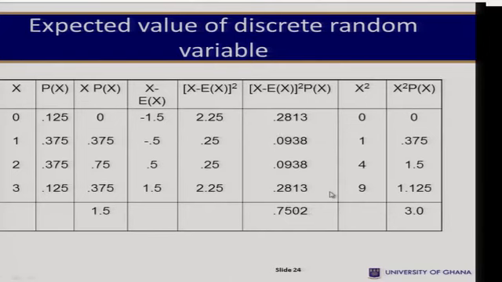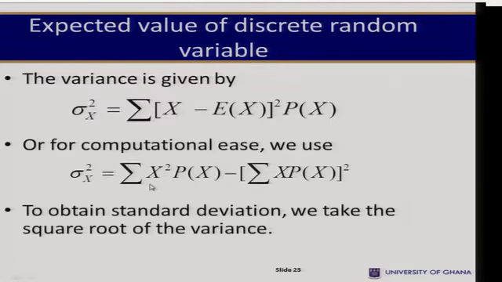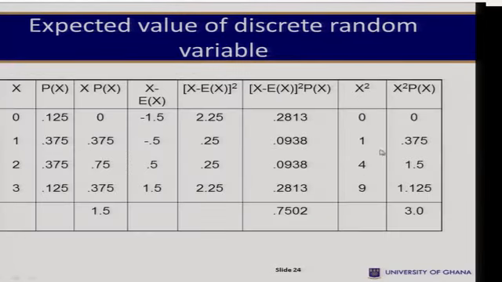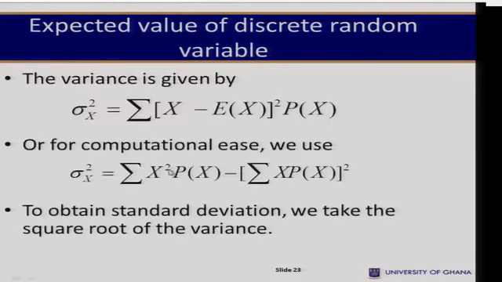This is the variance. Alternatively, you can use this formula, which is summation x squared p(x) minus summation x p(x) all squared. And note that summation x p(x) is simply the expected value. So it is minus the expected value squared, which we got as 1.5. So when you come here, we can find x squared, and then we find x squared times p(x), and sum it. It gives us 3. That is this part of the formula.